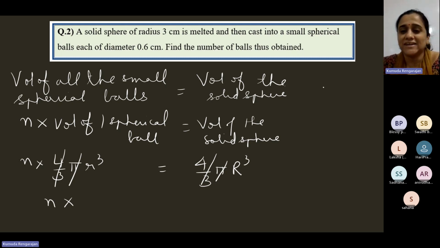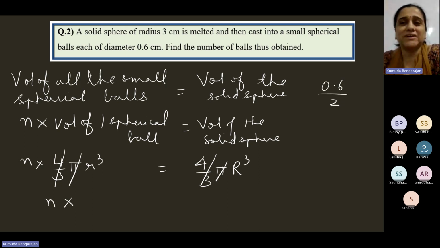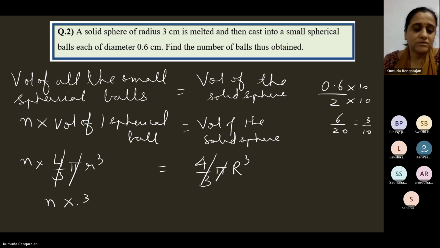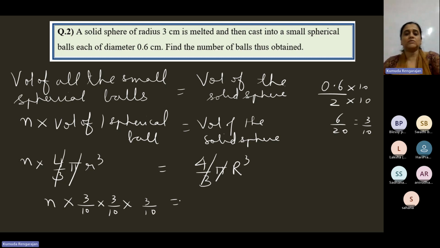It is the diameter by 2. Now n into 3 by 10 into 3 by 10 into 3 by 10, r cubed, is equal to 3 into 3 into 3.